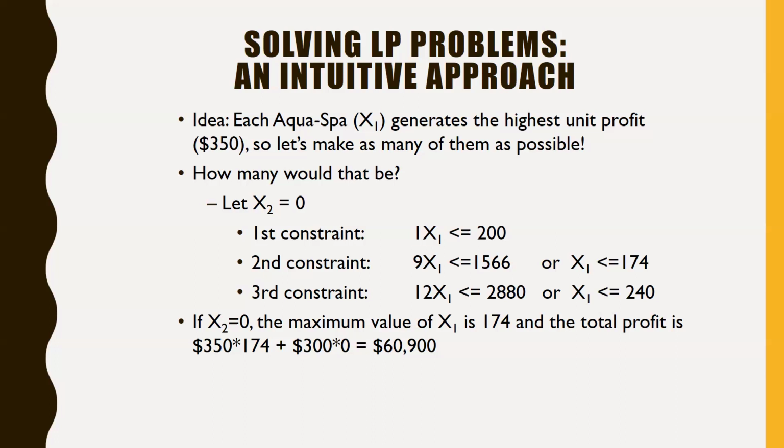If you calculate based on the third constraint, X1 should be less than 240. The third is not possible because the limit is only 200 pumps. It depends on the pump also. And we would get a profit of $60,000. At the top level, it's not possible because X1 is limited by about 200.